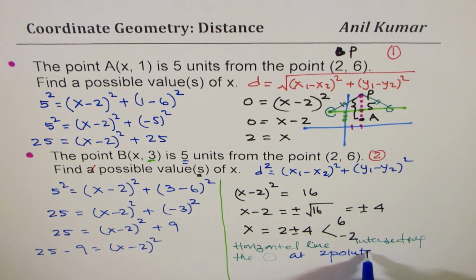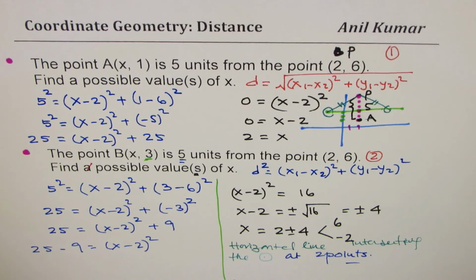So I hope the concept is clear to you. If it is vertically up or vertically down, or even horizontally, in that case you are going to get one result, but at all other points you should expect 2. Perfect. So that is the reason why you have one solution for the first one and 2 for the second one. So I hope that helps.